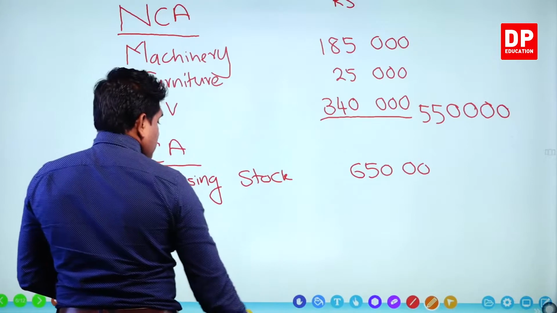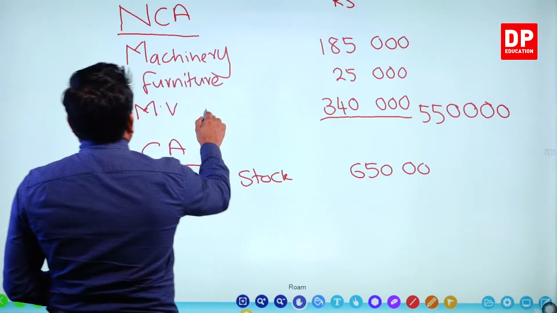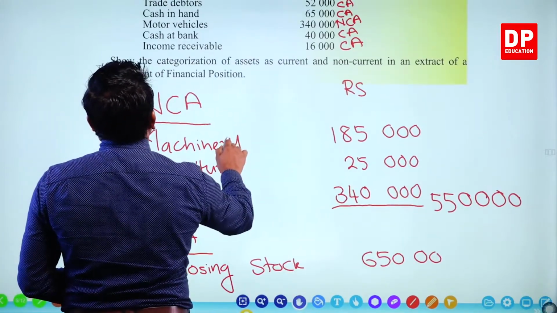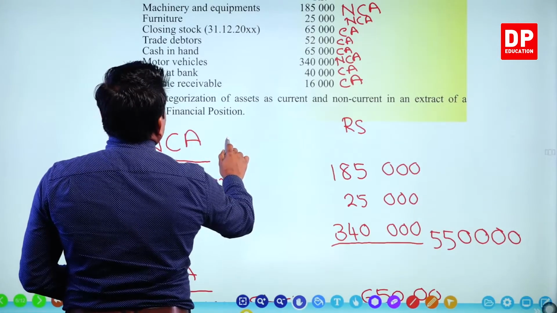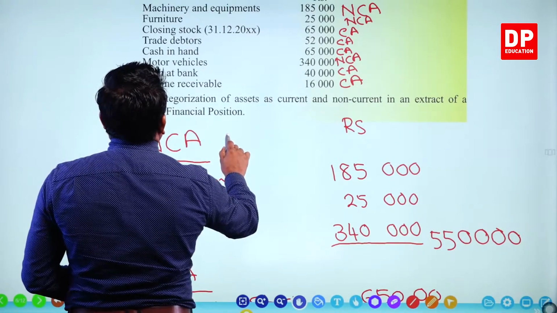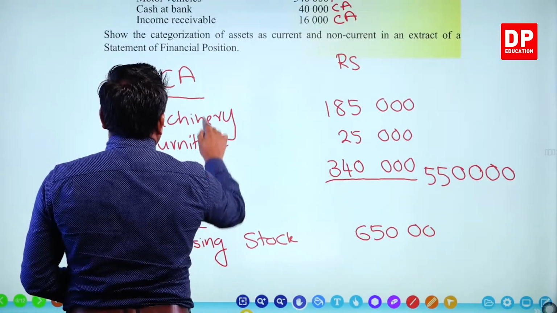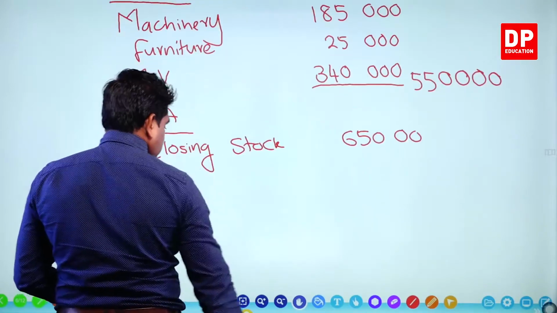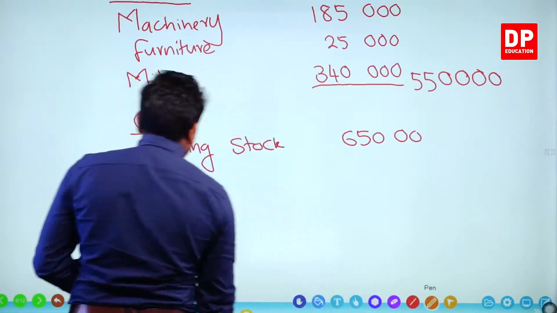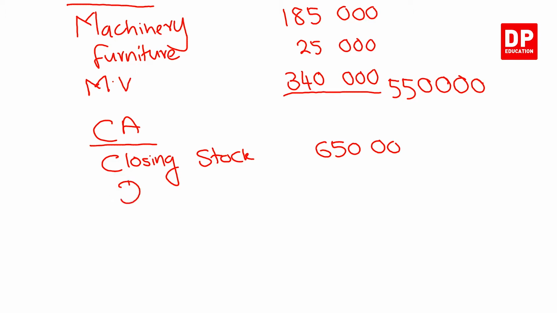See the second one. What is the other? Trade debtors 52,000. Trade debtors means debtors, right?